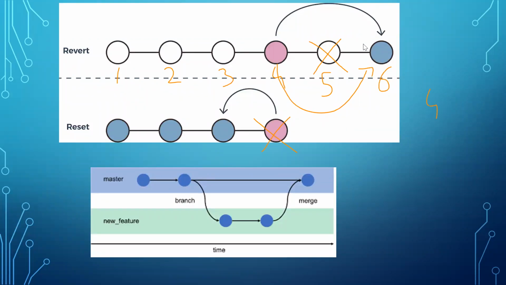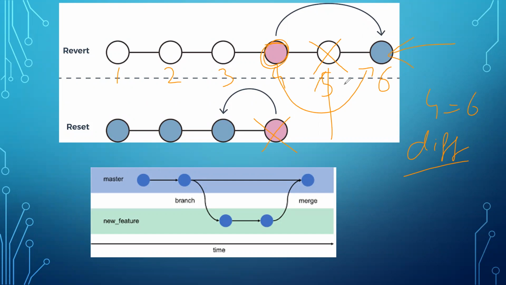So 4 and 6 are same. They will have different commit IDs, but when you do a diff, you will see both are same. So the good thing is that earlier my head was pointing here and I was having the faulty record. Now my head is pointing here, which is actually the 4th commit. So kind of you change the sequence.